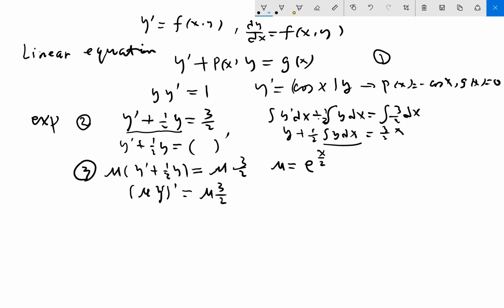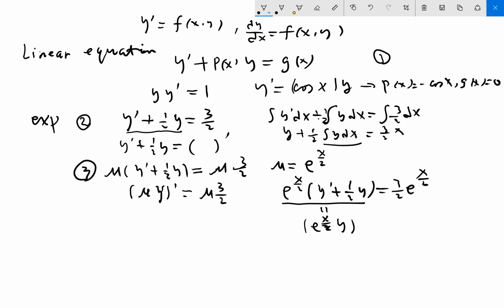So we multiply equation 2 by e to the x over 2: e to the x over 2 times y prime plus 1/2 y equals 3/2 e to the x over 2. Now, the question is, is this the same as (e to the x over 2 times y) prime? Is that true? We can verify that easily.